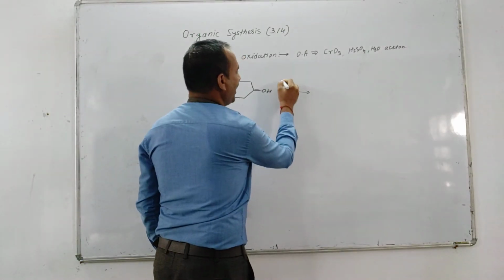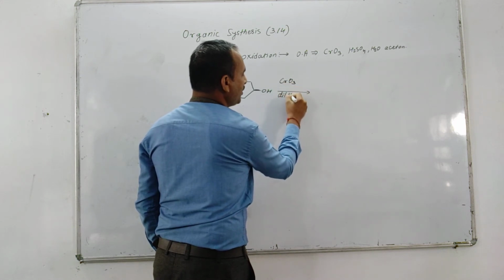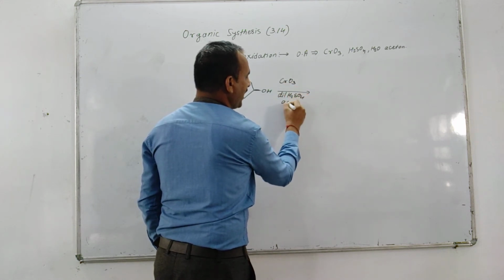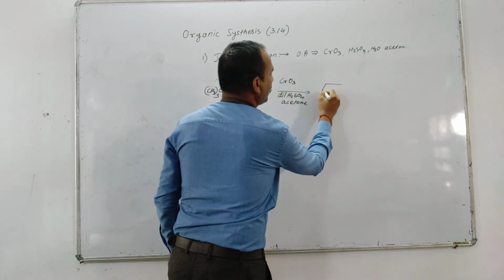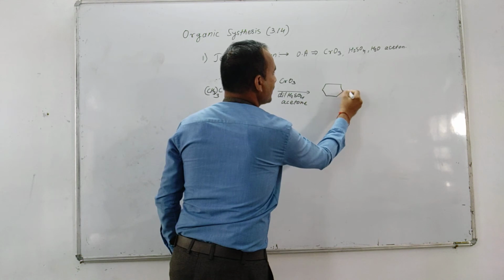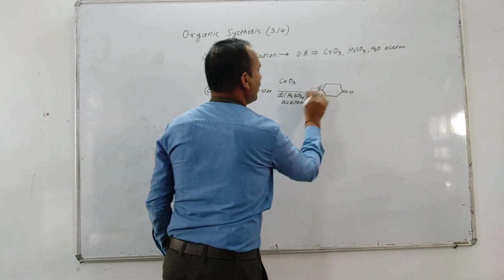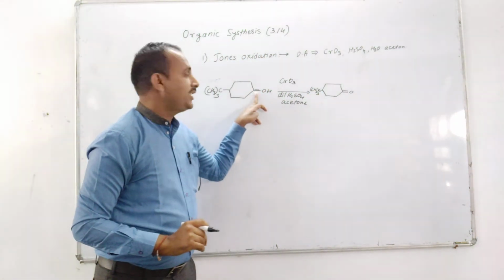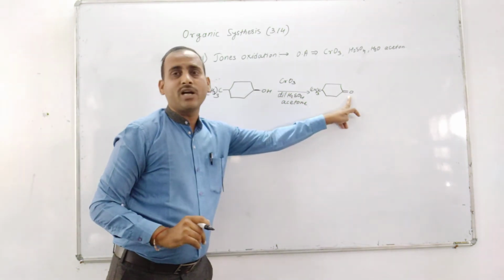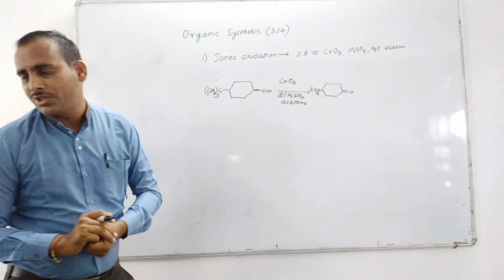By using Jones reagent, chromium trioxide, dilute H2SO4 in acetone, we get C double bond O. Here the C(CH3)3 remains as it is. So this secondary alcohol gets oxidized to carbonyl, that is ketone, by using the Jones reagent.